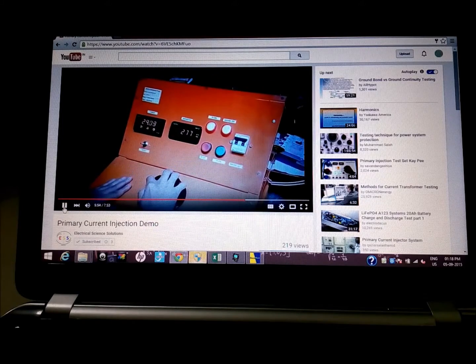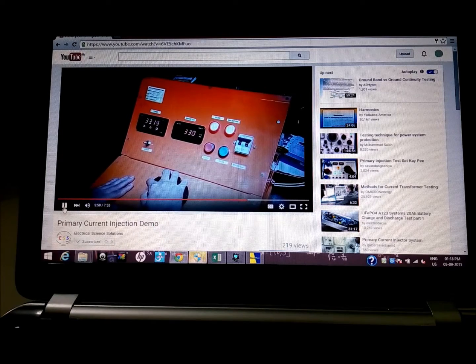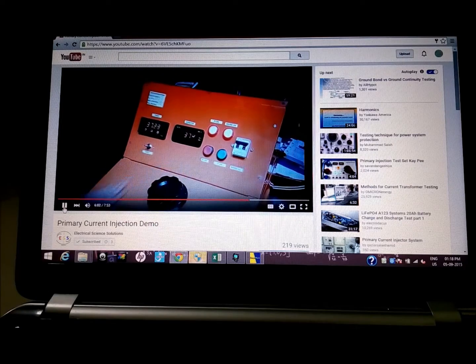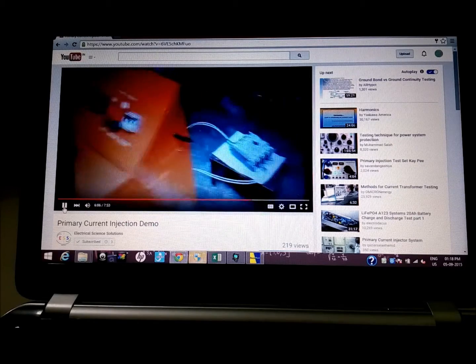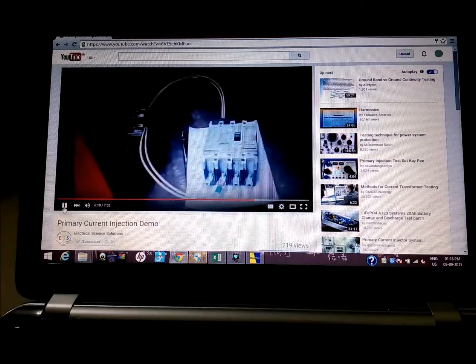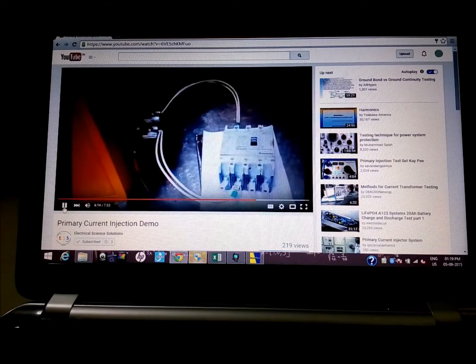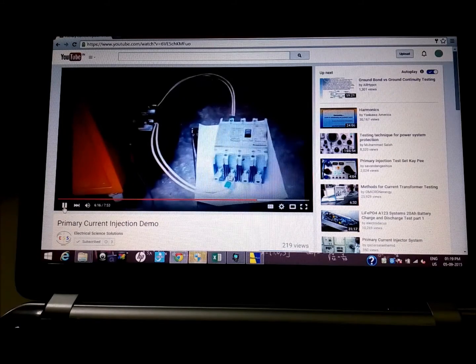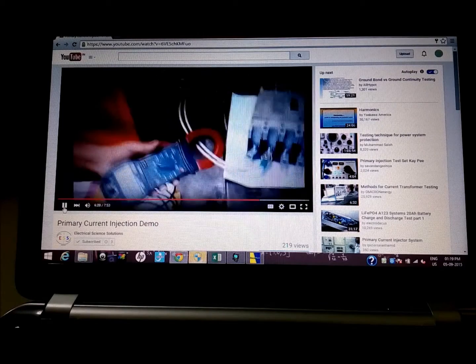So for, let's say, type C, the magnetic tripping occurs between 5 to 10 times of the I nominal, that is the nominal current of the MCCB. And for tripping, it takes normally between 10 to 20 milliseconds.